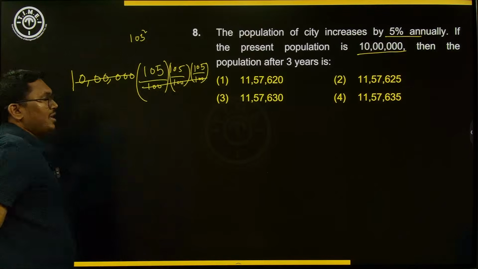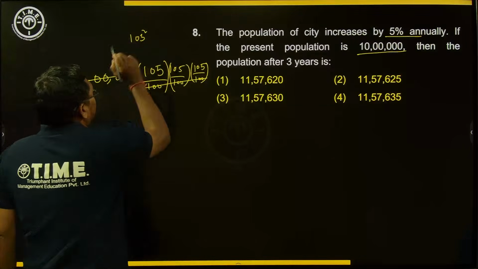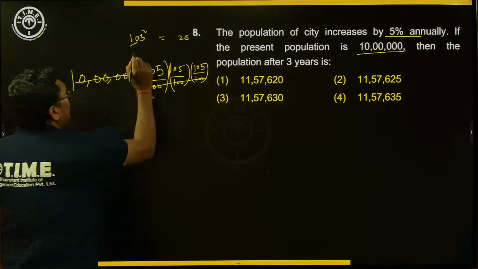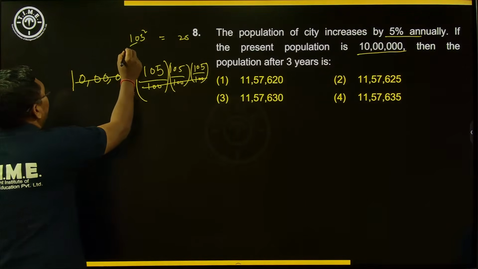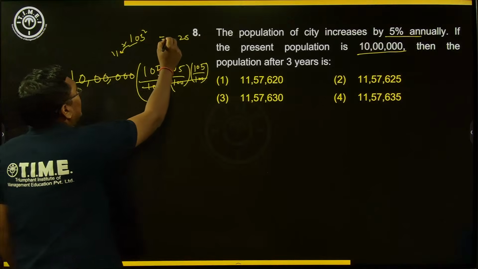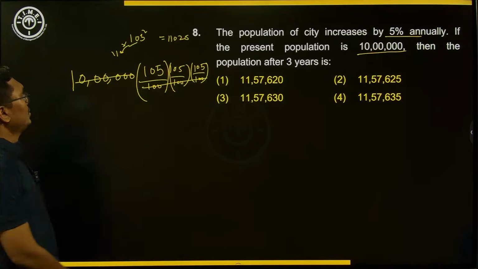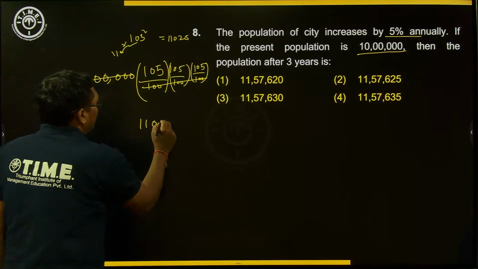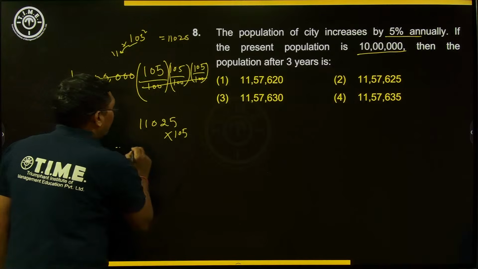So we know 105 square. సో 105 స్క్వేర్ ఏంటి? ఇప్పుడు యూనిట్ డిజిట్ మనకు 5 ఉంటే స్క్వేర్ ఫైండ్ చేయడం ఈజీ కదా. 5 స్క్వేర్ ఈజ్ హౌ మచ్ మా? సో 25, అండ్ రిమైనింగ్ డిజిట్స్ ఇస్ 10. 10 into next number, 11. So 10 into next number, that is 110, so 11025. So 11025 into 105. Right.